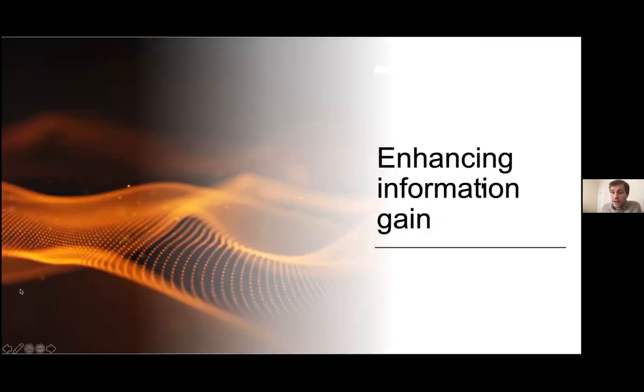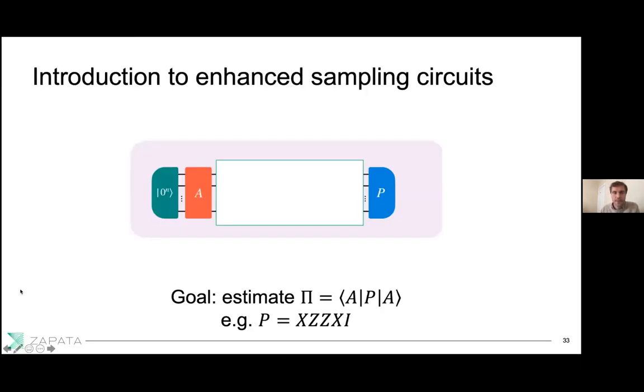Okay, so I'll title this section, Enhancing Information Gain. So recall that in VQE, the way that the expectation values are estimated is the ansatz state is prepared, and then the Pauli string is measured many times, and a sample average is used as the estimate of the expectation value.